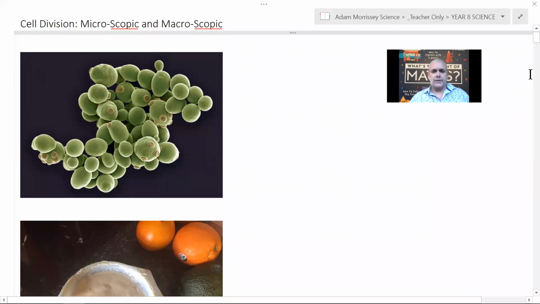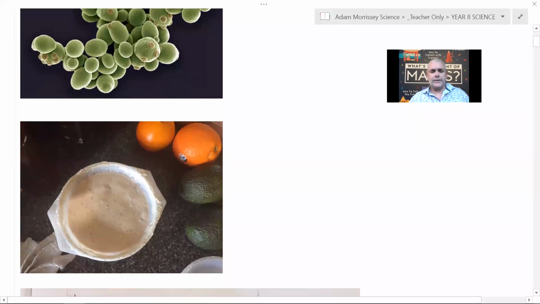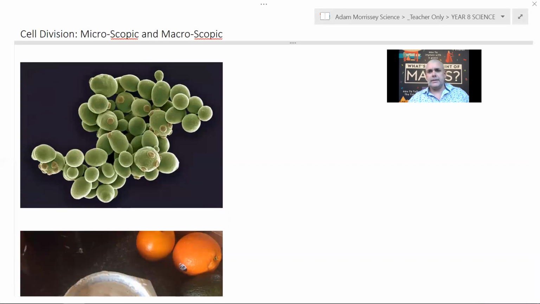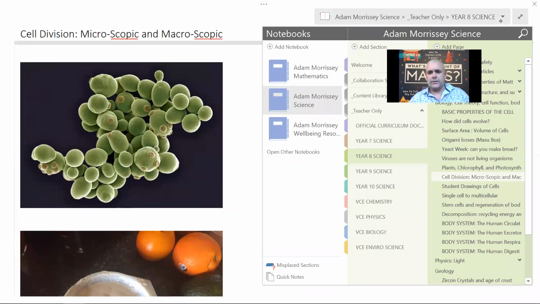And what we've got down here is a sourdough starter culture. So with my students, we had a look at yeast in another activity, and I'll just quickly show that to you.